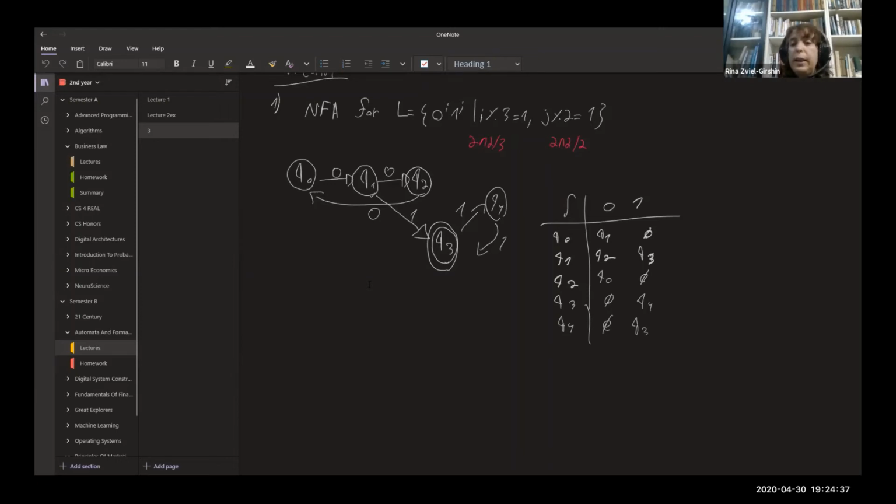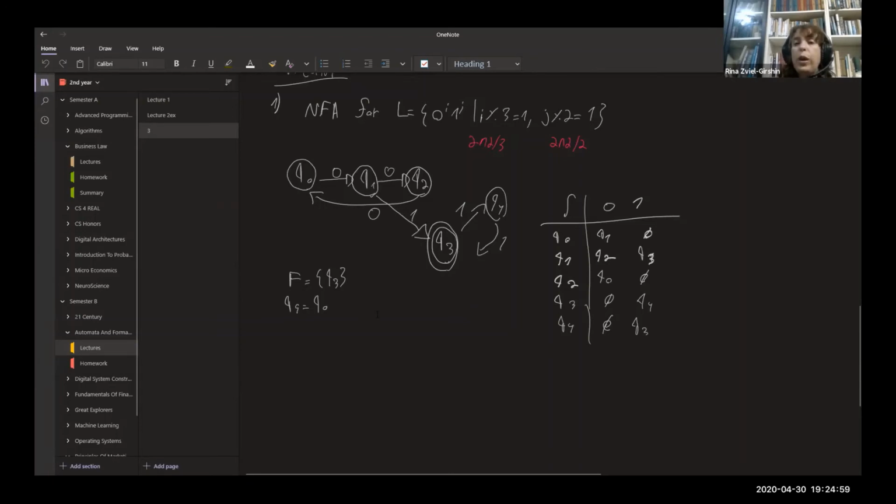So basically, we are talking about a non-deterministic finite automaton. Why is it non-deterministic? Because, for example, for Q0 and 1, we don't have a definition of where to go. For Q2 and 1, once again, we don't have a definition.